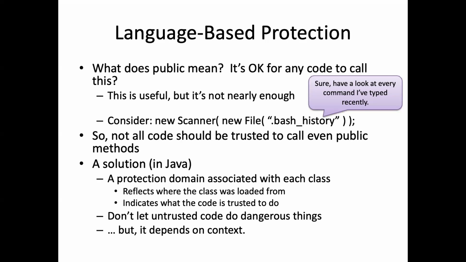But the public-private protected mechanism offered by Java doesn't care about that level of detail. If you look at the Java API and you look at opening a file or opening a scanner to read what's in that file, all of those methods are public, which means Java doesn't care about who calls those methods.